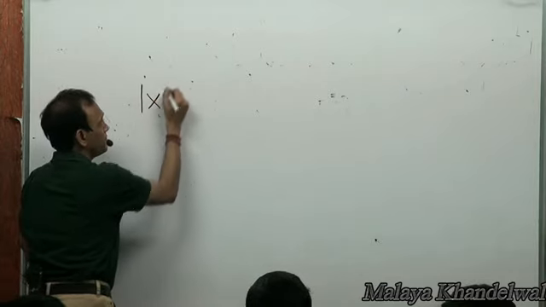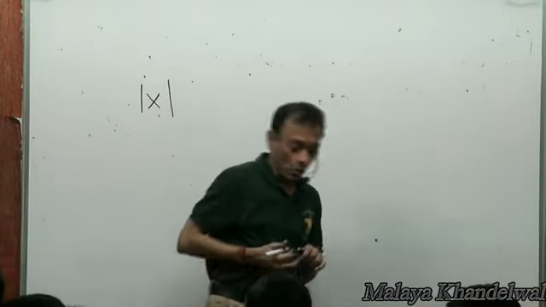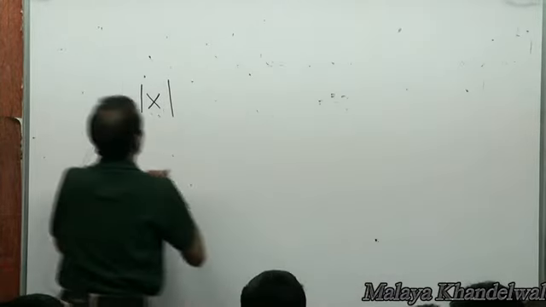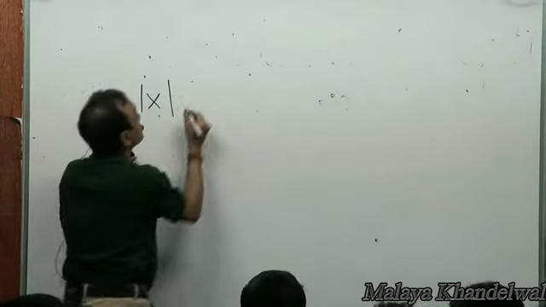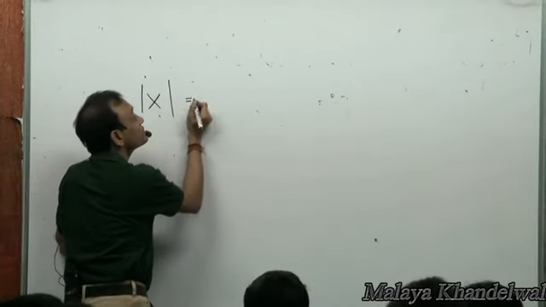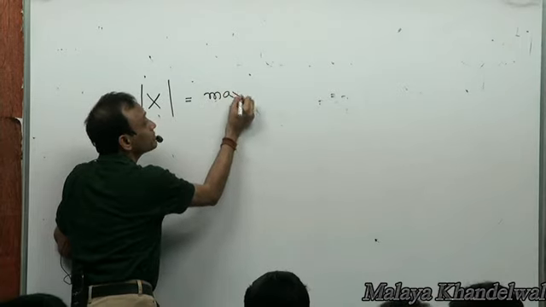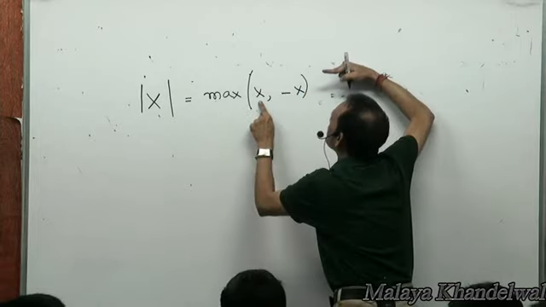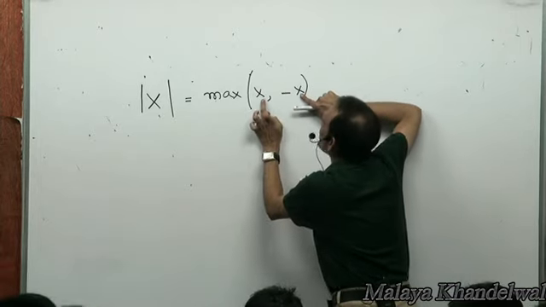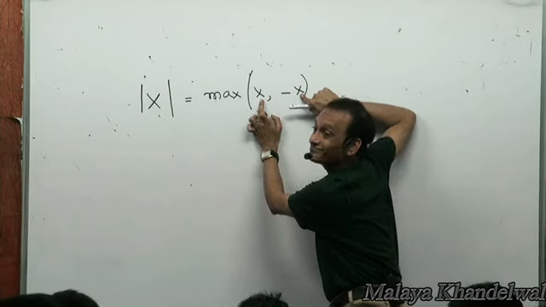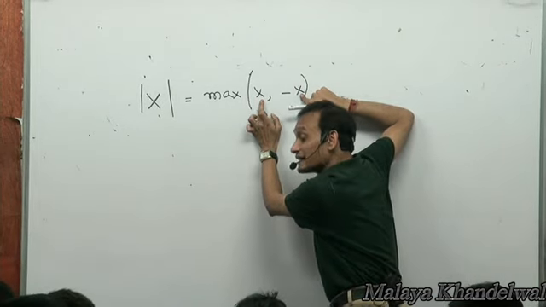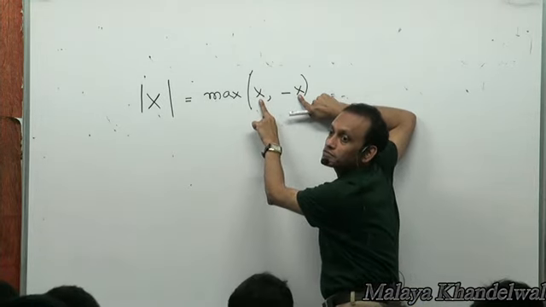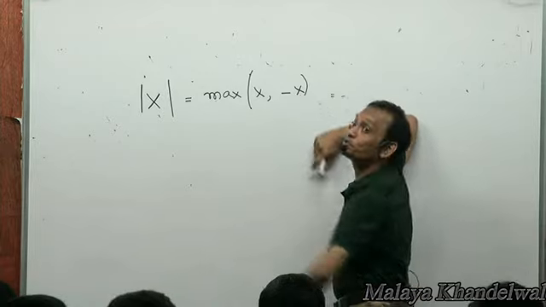Mod x, I claim, is the maximum, the larger of x and minus x. This operation, max of x comma minus x, means of these two numbers, select the one which is larger. Between x and minus x, this operator will filter out the larger of these two numbers, and the larger of these two numbers would be mod x.